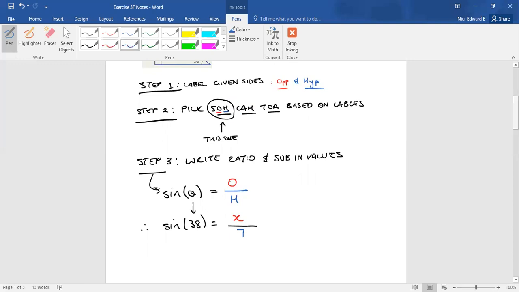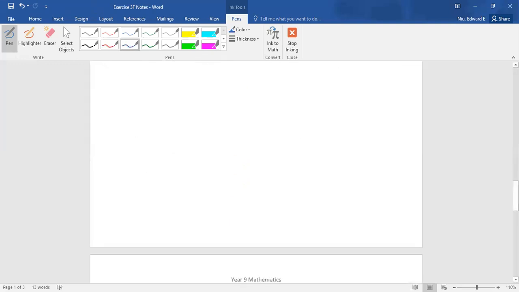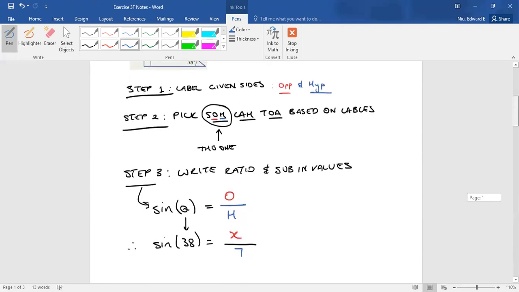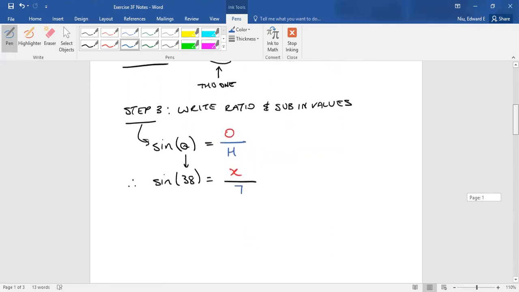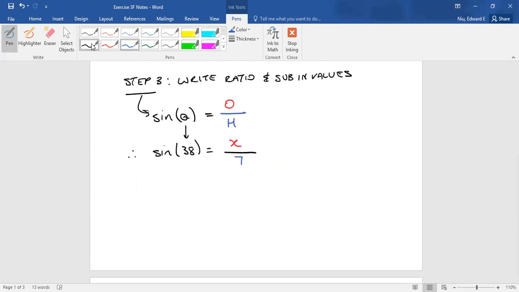And now comes the slightly tricky bit. Using linear equations, how do we get x by itself here? Step 4.